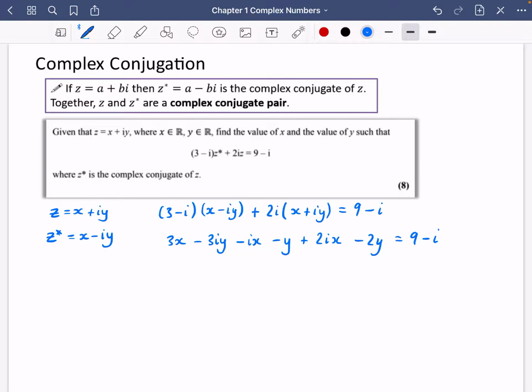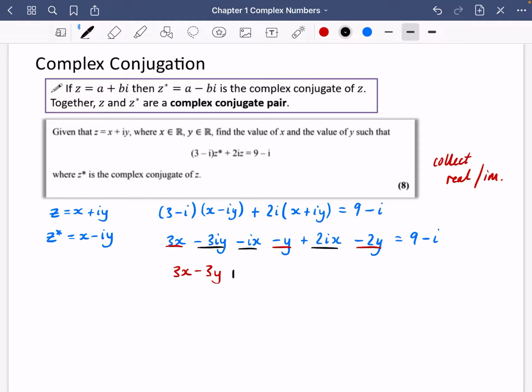Okay, let's see if we can sort some things out here. Generally, a good strategy is to collect together the real parts and the imaginary parts. So we've got a real part here, here, and here. And then we've got imaginary parts here, here, and here. So the real parts, we have 3x minus 3y. And for the imaginary parts, I'm going to just take an i out.